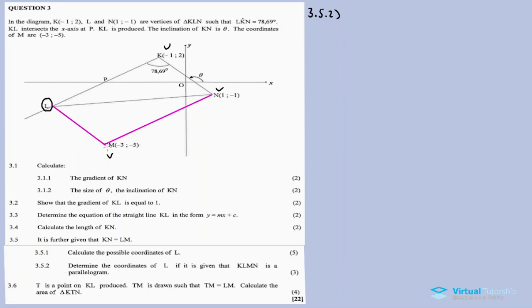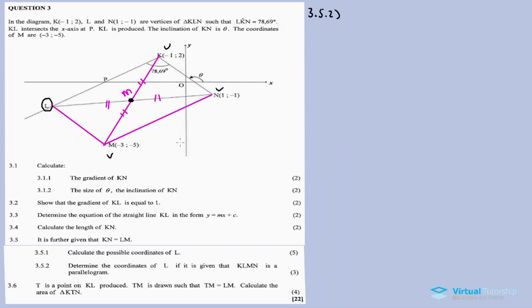The 3 vertices are my points, right? So it means I can play around with the midpoint, right? One of the properties of a parallelogram is that the diagonals bisect each other. So this point where the diagonals meet forms a midpoint between the opposite vertices.